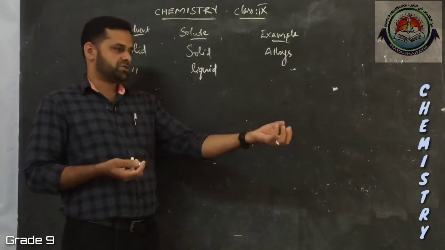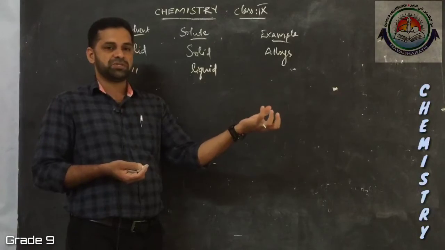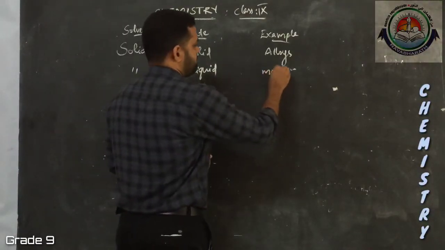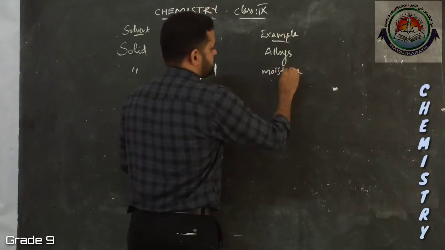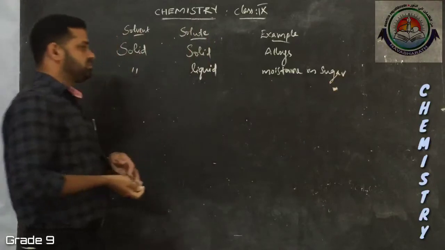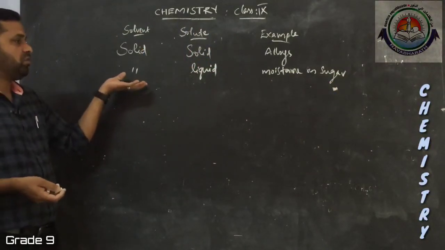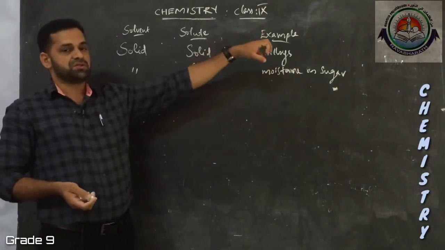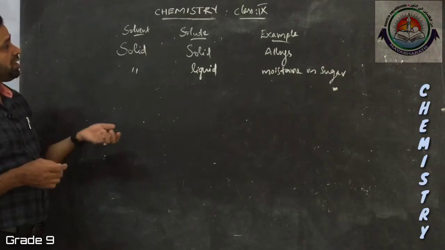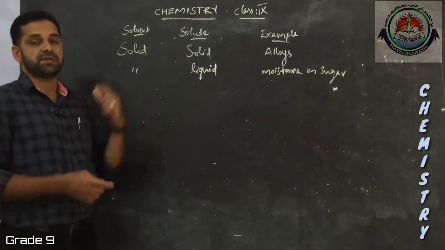If we keep some sugar, it will capture the moisture on the surface of the sugar particles. Moisture is the solute and sugar is the solvent. Sugar will be present in more quantity and moisture on the surface of the sugar particle. So it's an example for solid solution in which solid is solvent and solute is liquid.